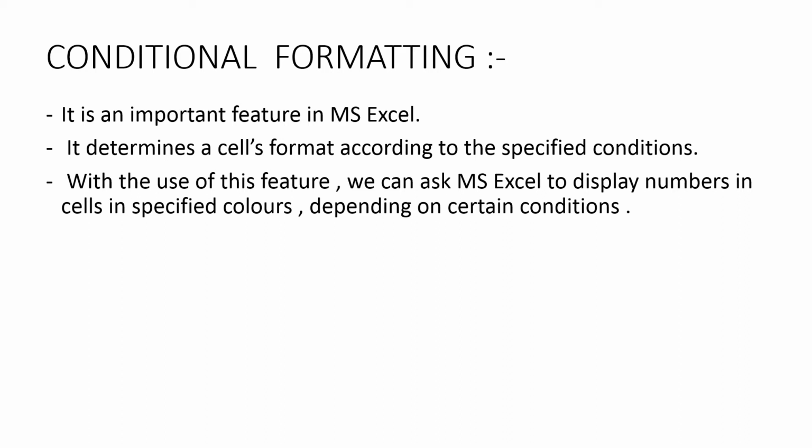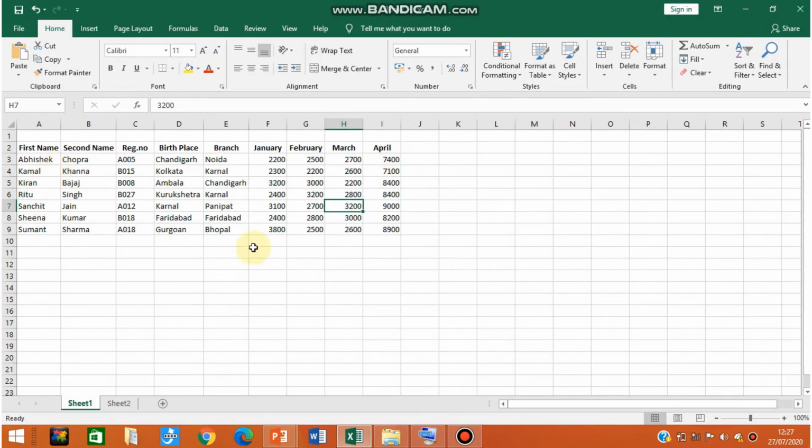So let us start the process of doing conditional formatting in MS Excel. This is the data that we have created in the MS Excel worksheet. Now we have to see how to use conditional formatting. For that we are going to apply it on January, February, March, April.